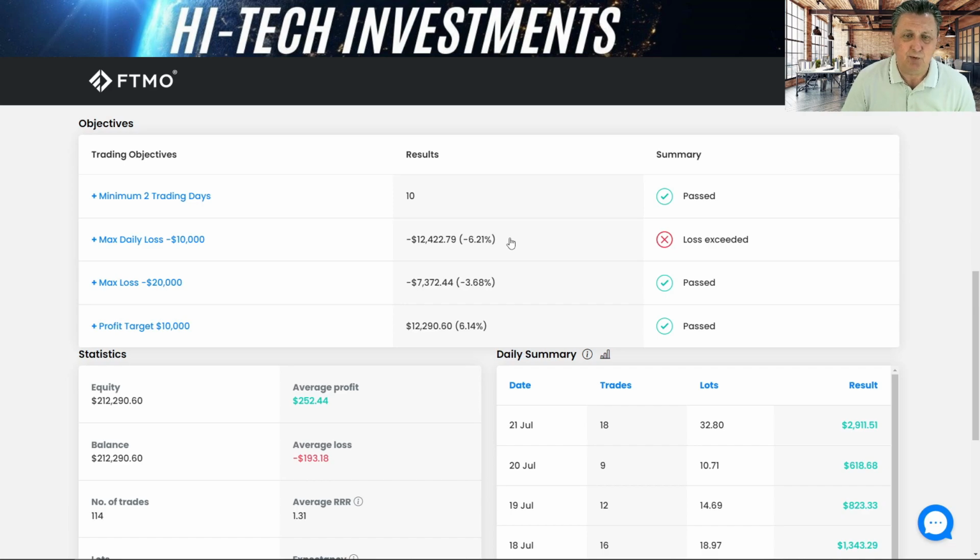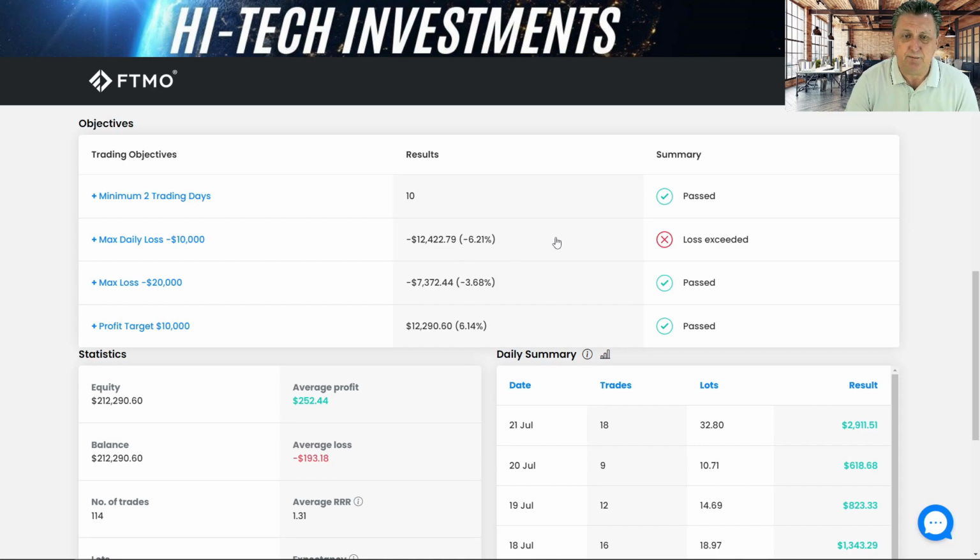For people who normally trade, for example, the Profit Retriever, you would have seen that 6.21% is really not that much, especially on a $200,000 account. You can see 12,000 in drawdown. That wouldn't have been that bad, but obviously the market was in quite a strange mood for the last couple of weeks. Unfortunately we just lost out, but that is the whole name of the game of testing.